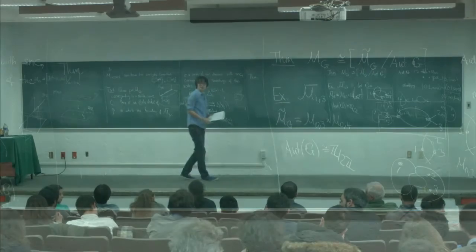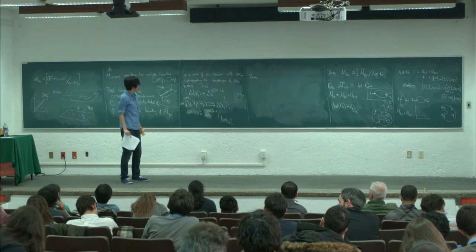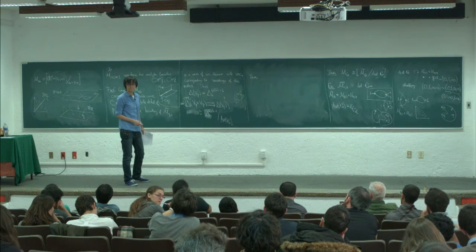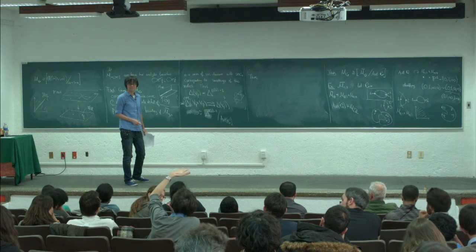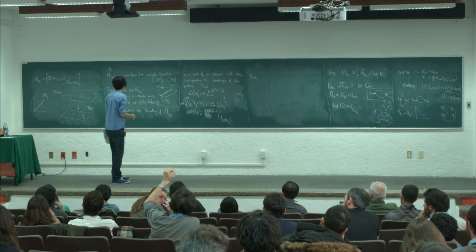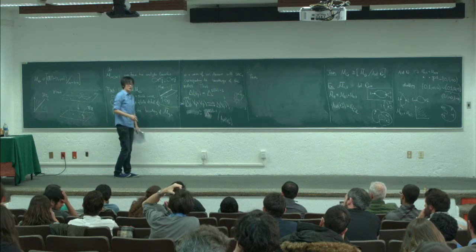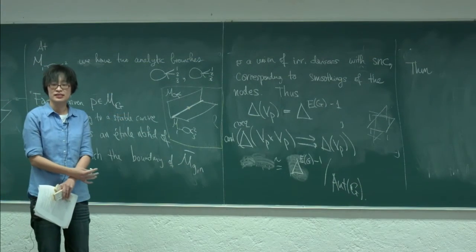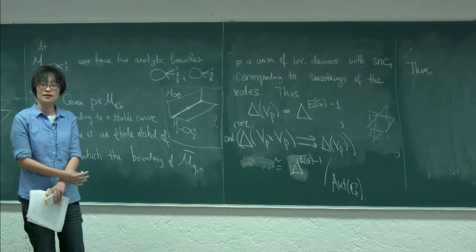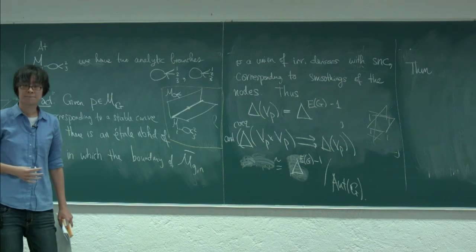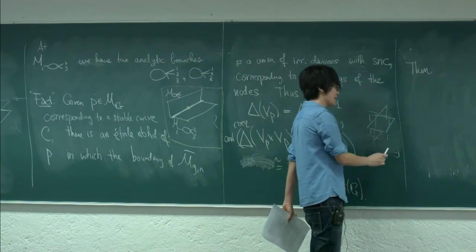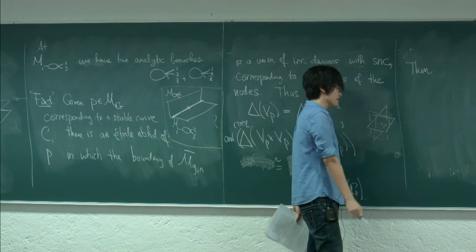Yeah? When you write the smoothing of the nodes, you have your normal crossing divisor, and you perform an étale cover to have a simple normal crossing divisor. I've already done that. I'm working in some étale neighborhood where I have locally a simple normal crossing divisor. What I'm describing is a parameter space, so an étale neighborhood of a point P in the moduli space.